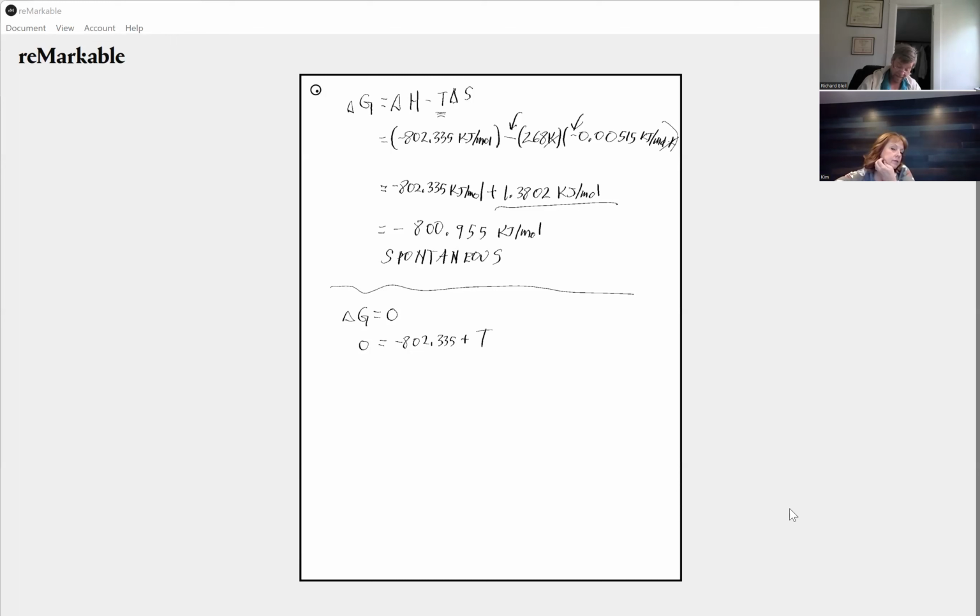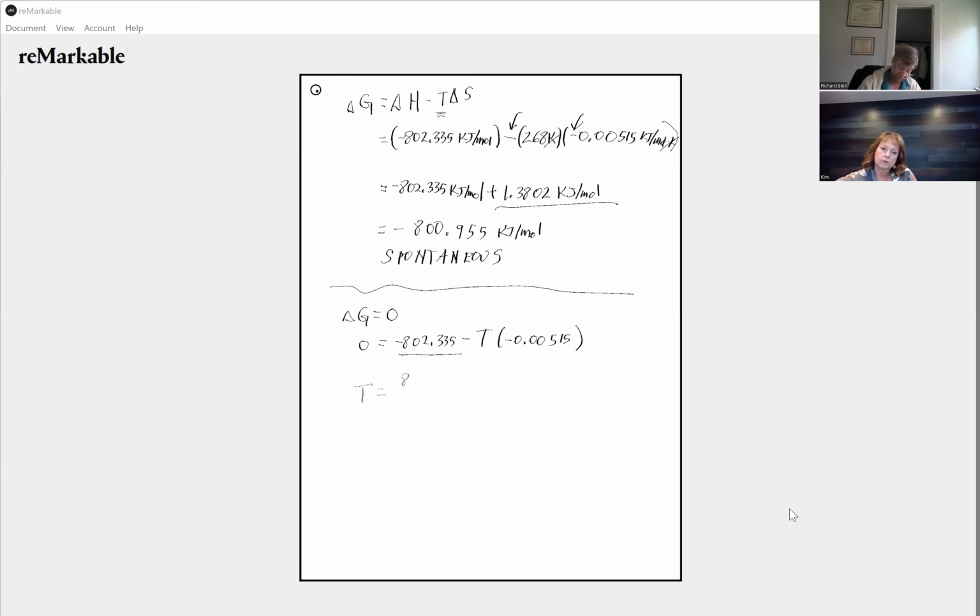We have to leave that in there. Move the temperature, move the enthalpy over, it becomes positive.